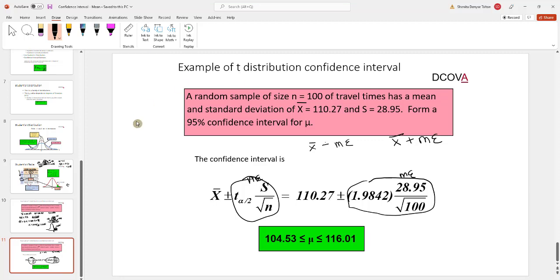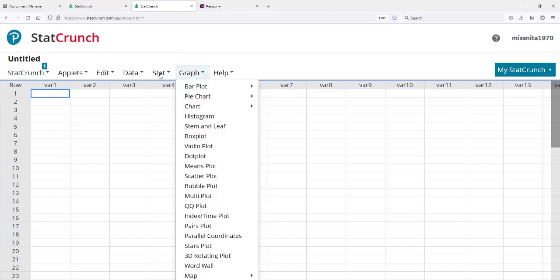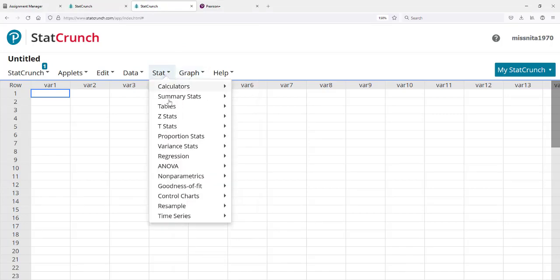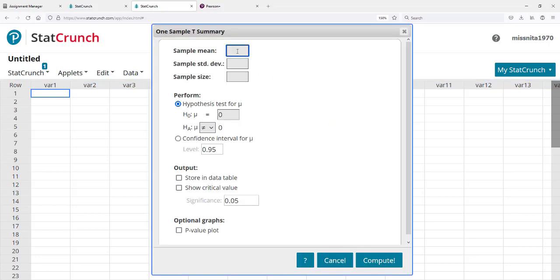Now, if you wanted to do this in StatCrunch, let me show you StatCrunch. We're going to go to Stat, T Stats, One Sample, With Summary. We're going to put in our sample mean of 110.27, our sample standard deviation, which is 28.95, and our sample size of 100.